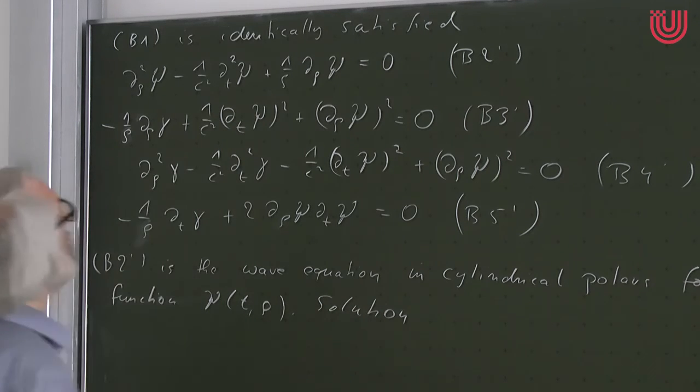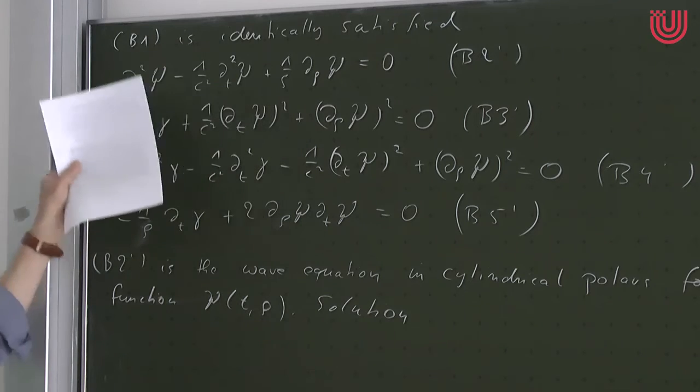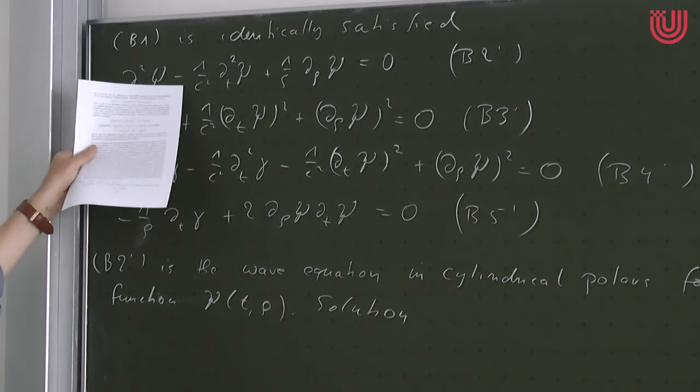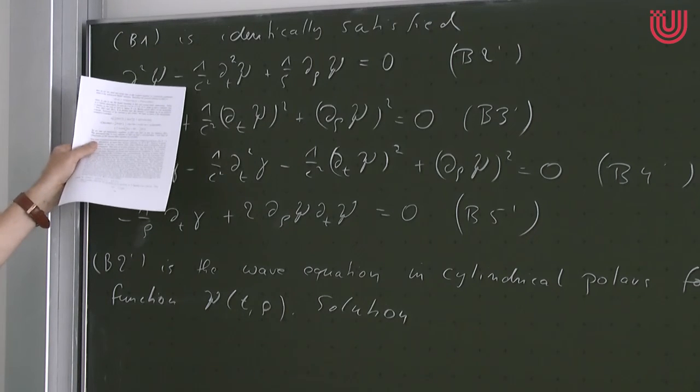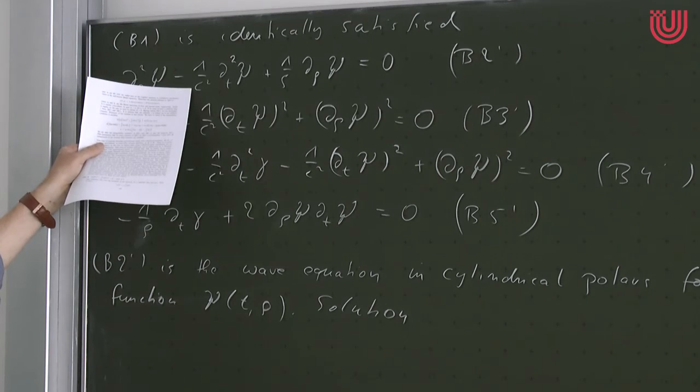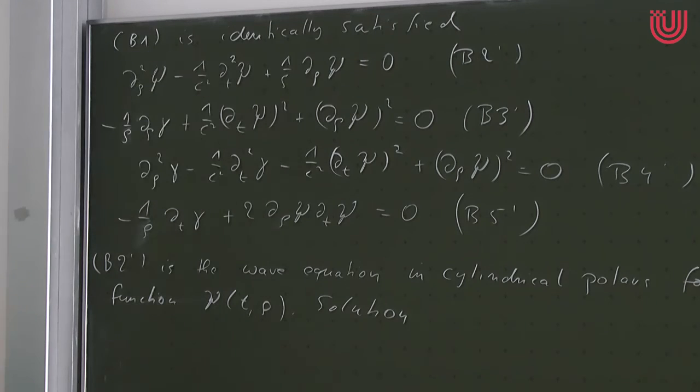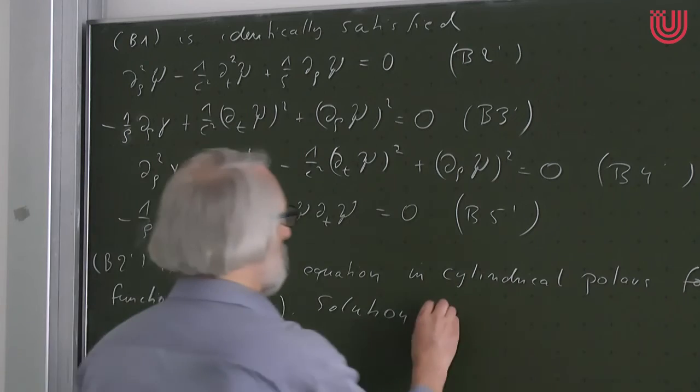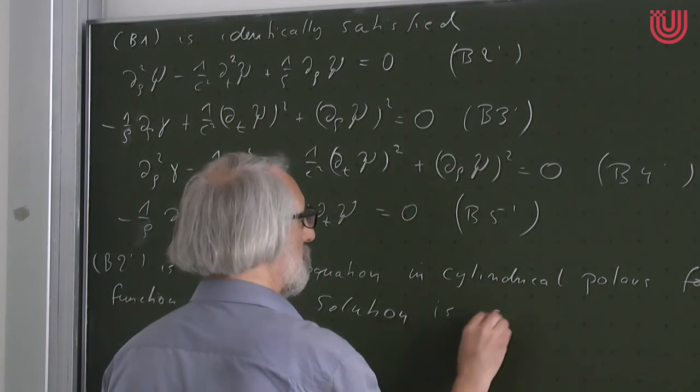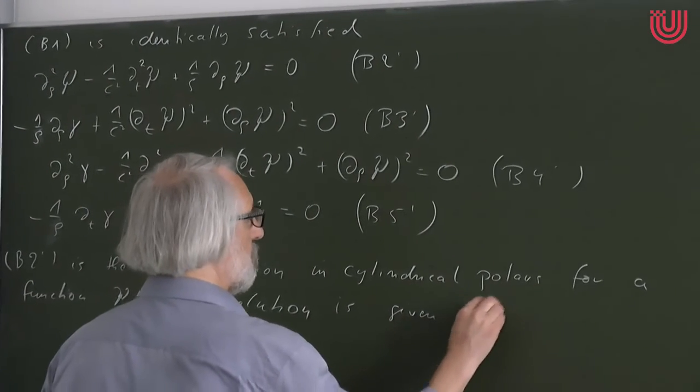So the solution has these usual time harmonic factors which are introduced in order to get rid of this term, and then you end up with a Laplace equation, and the solution is given in terms of Bessel functions.